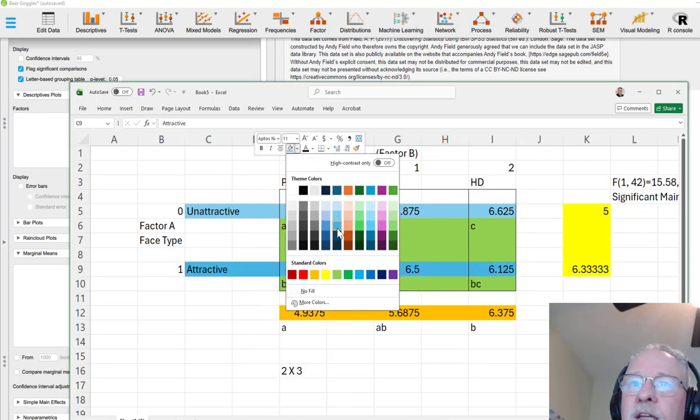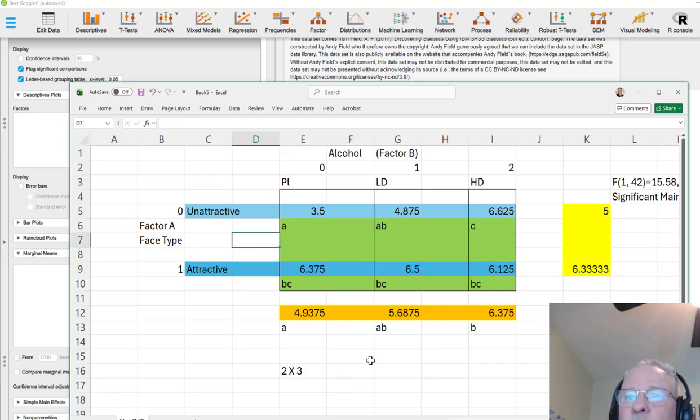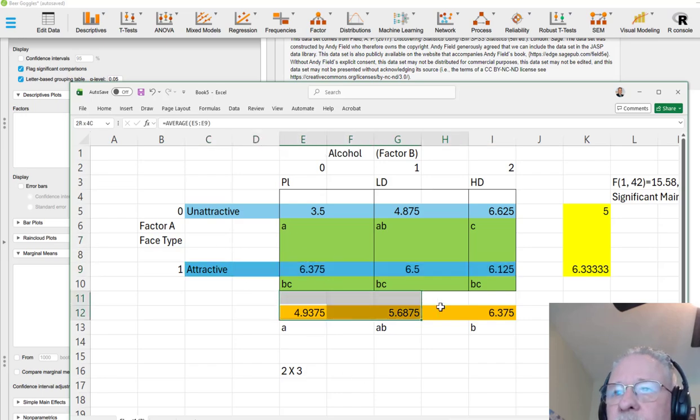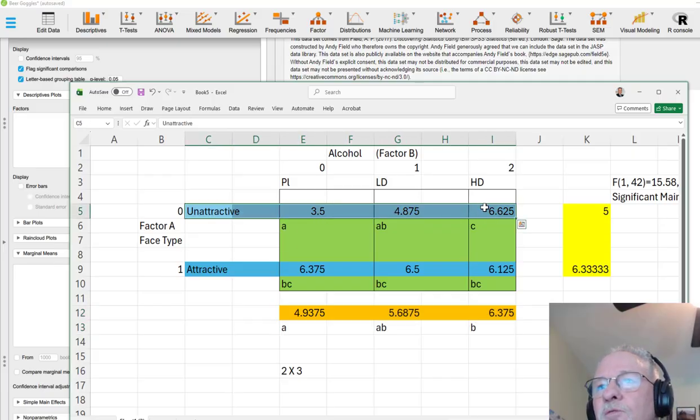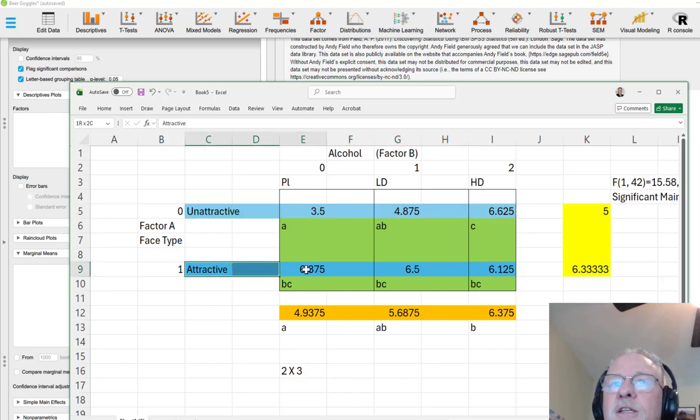And so I'm going to mark that in darker blue. What you're essentially doing at this point is you're taking this main effect that you've already explored for alcohol dosage, and you're now admitting that there's a modification of that effect that is due to face type. And so you're going to redo the analysis that you did here by looking at what is the simple main effect for unattractive individuals, the simple main effect for attractive individuals.